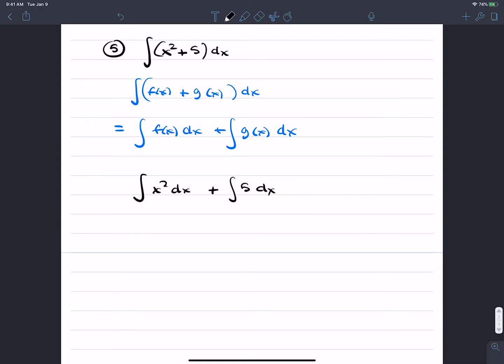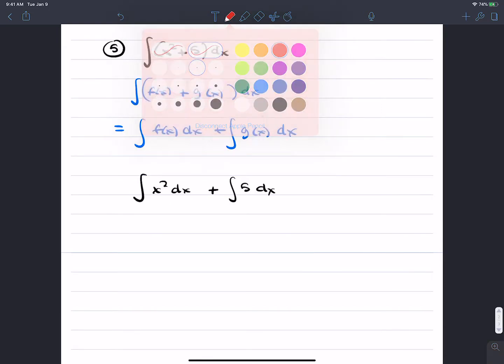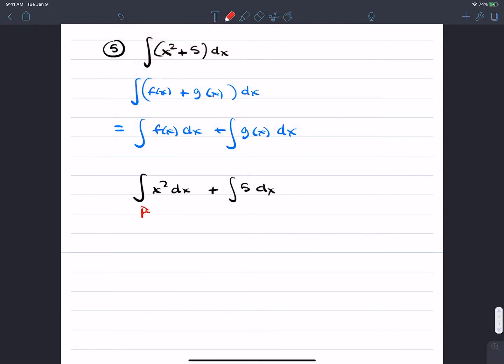So when you have two integrals, what do you remember doing here? When there are two integrals, we do them separately. On the left, we're going to use what again? Power rule. And then on the right, we have to integrate a constant.